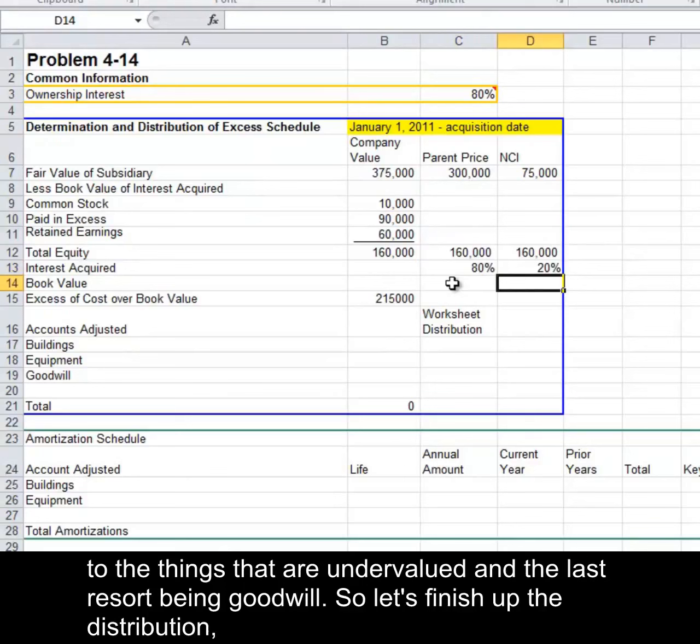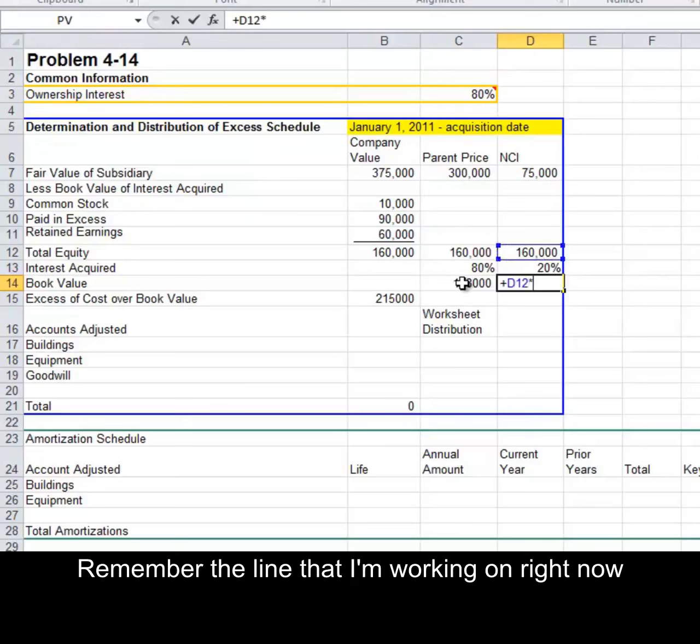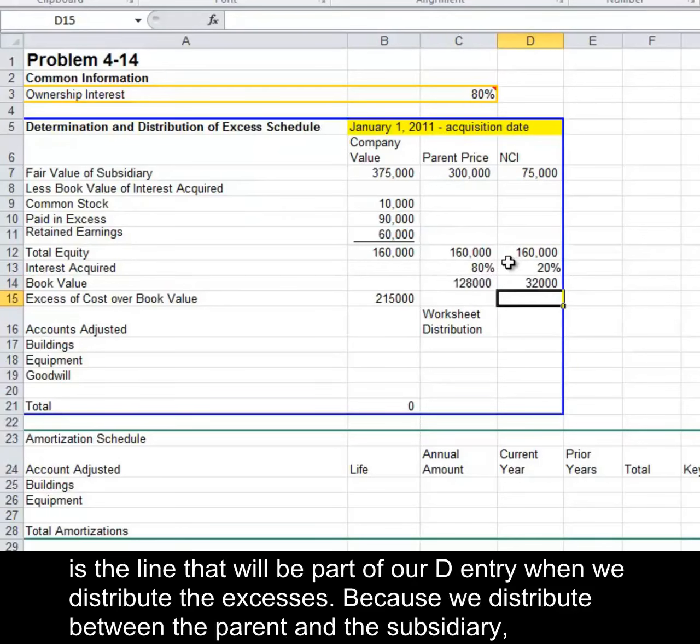So let's finish up the distribution and determination schedule here like we've done before. Remember, the line that I'm working on right now is the line that will be part of our D entry when we distribute the excesses, because we distribute between the parent and the subsidiary.